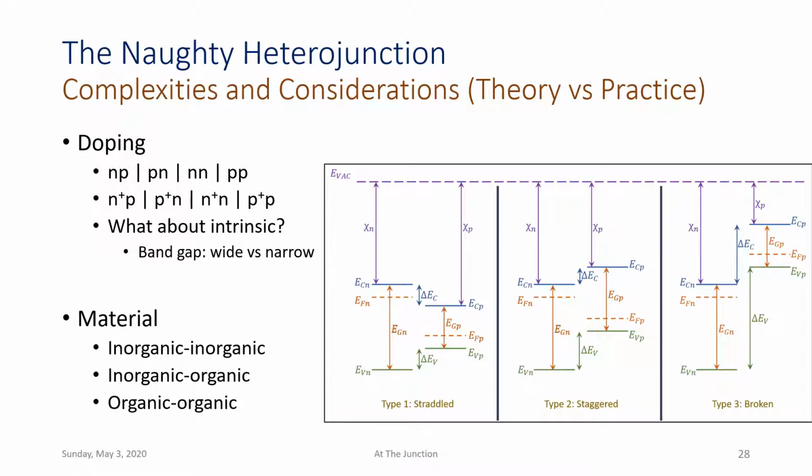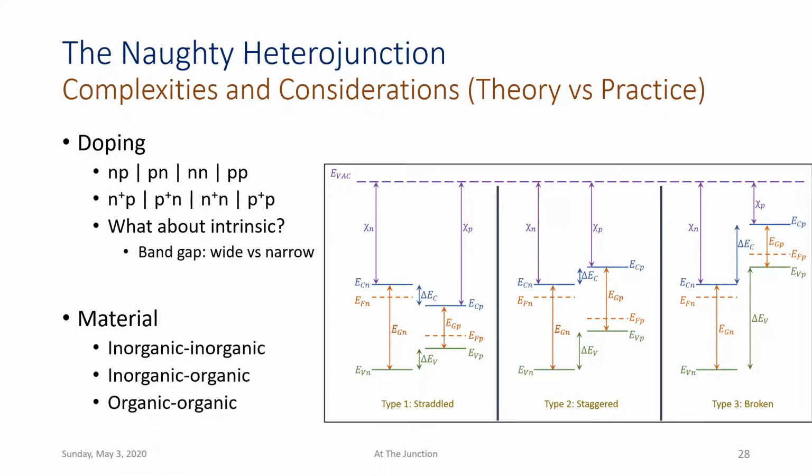So we could have a PN heterojunction, we could have an NP heterojunction, but you could also have an NN heterojunction or a PP heterojunction. And it is quite possible that the doping on one side of the material or one of the materials is much higher than the doping in the other material.